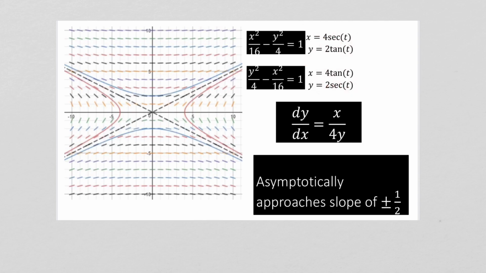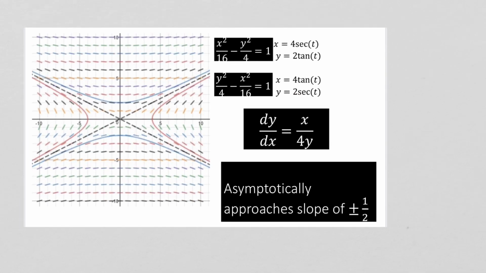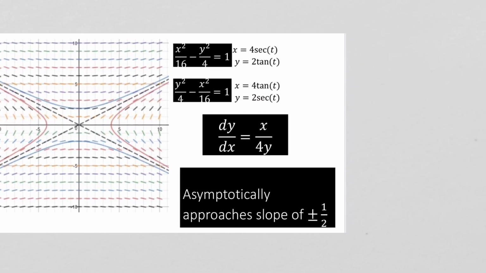Recall from the last lesson that if I take dy/dt and dx/dt, then when I do dy/dt divided by dx/dt, I get dy/dx. I'm going to get a 2 coefficient over a 4 coefficient in both of these cases, because dy has a 2 and dx has a 4.